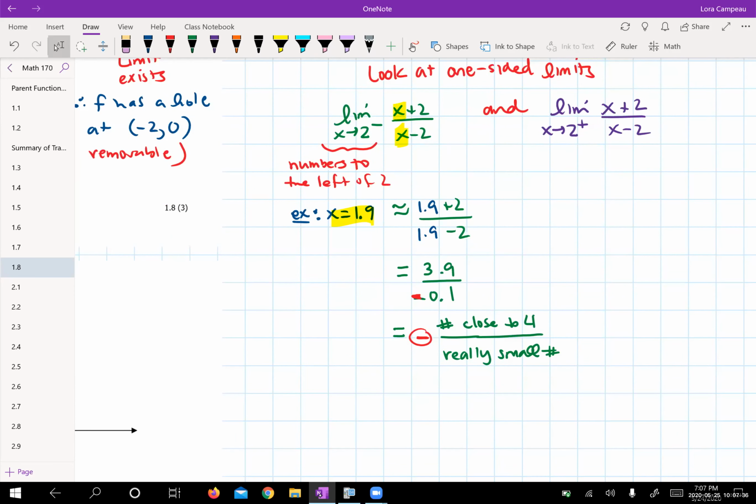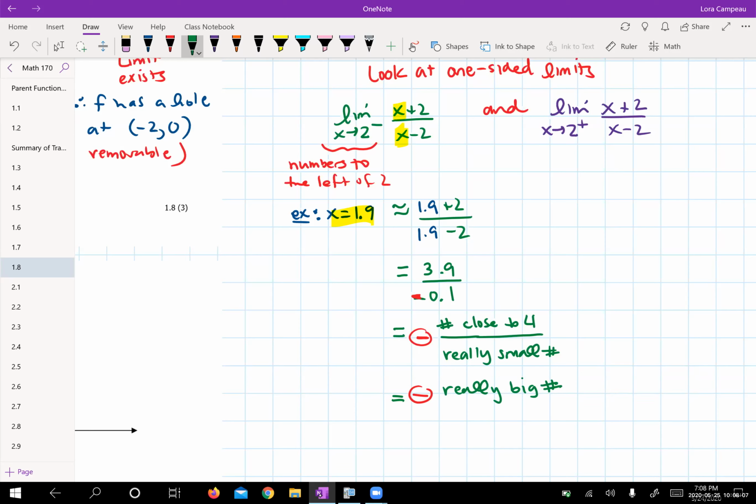Now, if you divide a number close to 4 by a really small number, and feel free to use your TI to play with this, this is where we talk about analyzing. A number that's relatively big divided by a number that's really, really small ends up being a really big number. So you're actually going to get a really large number.